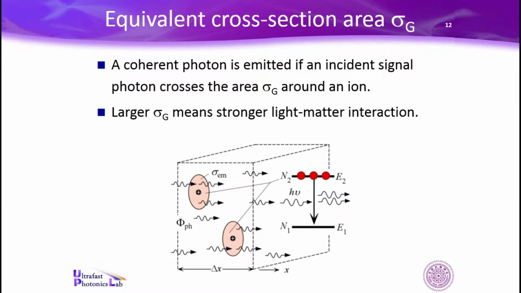And it's up to the material. We will talk about the impact of sigma g on laser behaviors later, but so far you can try to understand the meaning in this way: how easy the interaction can happen, how easy stimulated emission can happen, described by this equivalent cross-sectional area.